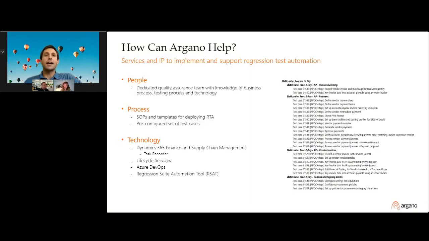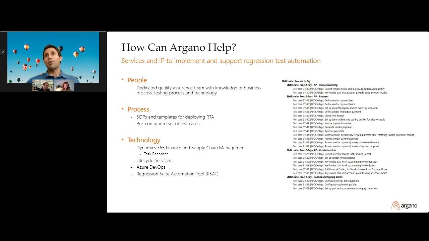So basically, at a high level, what is it that we can do at Argano? We provide services and intellectual property to facilitate the implementation and support of regression test automation. As we've heard today, we have some real deep subject matter expertise, both with Josh and Ina.